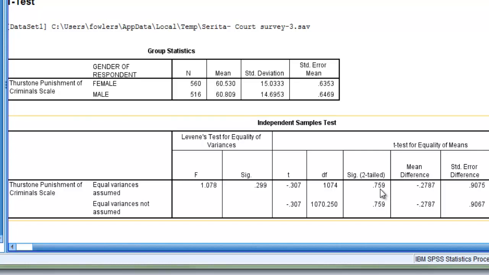So the value of 0.3795 is the one-tailed probability level, and even that's above 0.05. So in this instance, I'm going to accept the null hypothesis that there is no difference between men and women in level of punitiveness, and reject that research hypothesis. So my one-tailed test didn't work out in my favor here because I accept the null hypothesis because this is above 0.05.